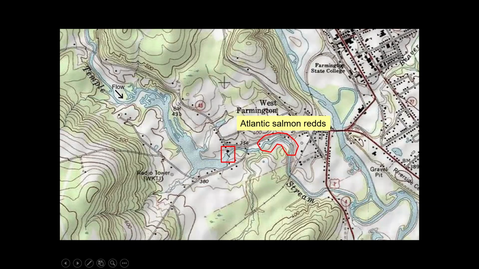My assessment was that the sediment would spread out slowly, and it was decided that would not be an issue for the redds, and as I understand, has not been an issue. Meanwhile, we've opened up with dam removal several miles more of potential habitat. This was an Atlantic Salmon Federation operated project.